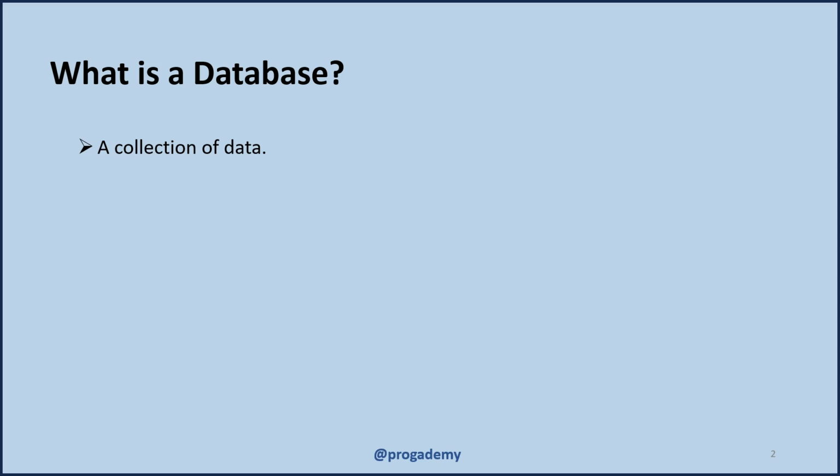Another part of the definition is a method for accessing and manipulating that data. So if you have stored all such kind of data which I have given in the example, you will have to access it and you may have to manipulate that data, right? So database will be that method of accessing and manipulating that data. You might have to update the data, you might need to delete some data, you might have to insert some new data.